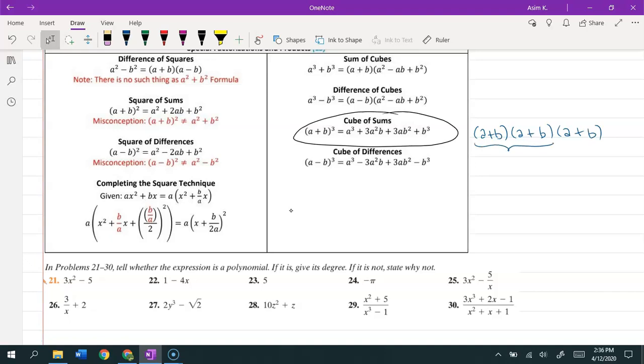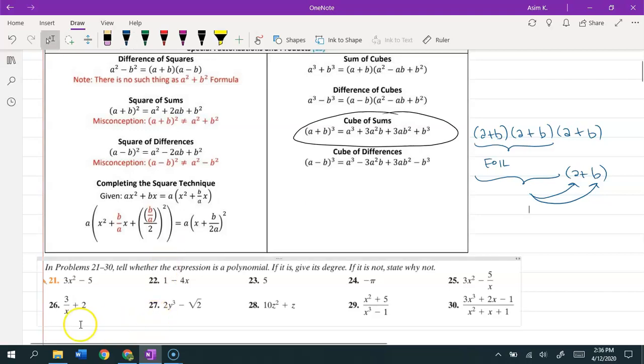You would end up using the FOIL method on that part right there, and whatever answer you get from that, you'll have to multiply it further by a plus b, and that'll lead to even more work, right? It can be done, but we're trying to find ways to cut down our work, not to make more work for us. So let's go ahead and get started.